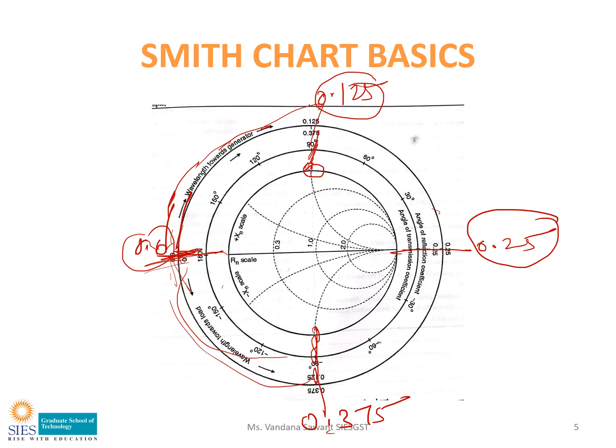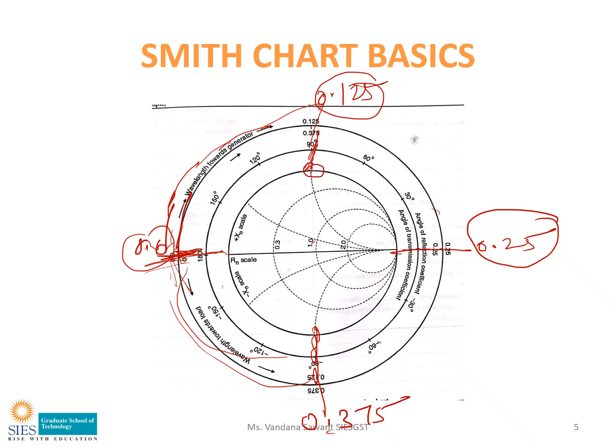For example, if you want to find the wavelength at j1, you draw the line passing from the center through j1 and out of the graph. This line will intersect the wavelength circle at 0.125, so that will be your wavelength at j1.